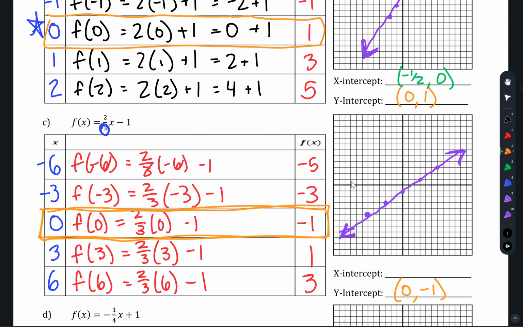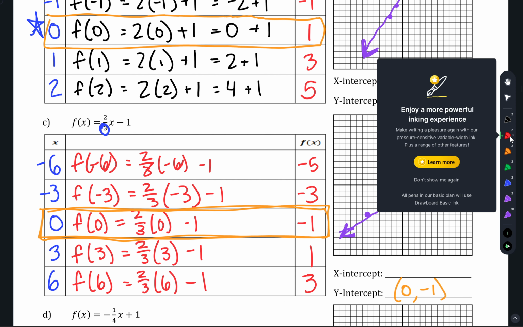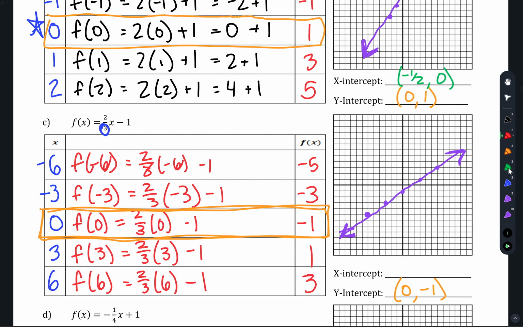Plug in 0 for our f of x. So 0 equals 2/3 x minus 1. We add 1 to both sides. We're dividing by 2/3, which is the same thing as multiplying by the reciprocal, 3/2. So x equals 3/2.